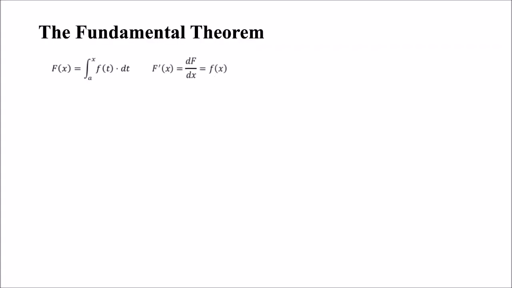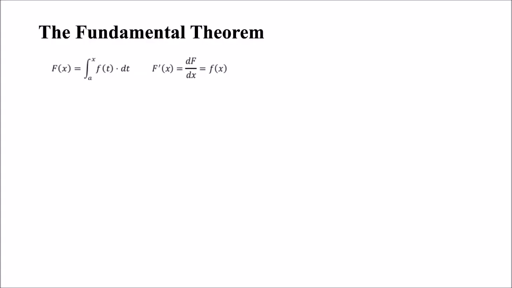Notice big F is a function of the upper limit. To avoid confusion, we replace the independent variable for f with t, or any other letter you like. It is called a dummy variable because the result of a definite integral is a number and does not depend on the name of the variable.